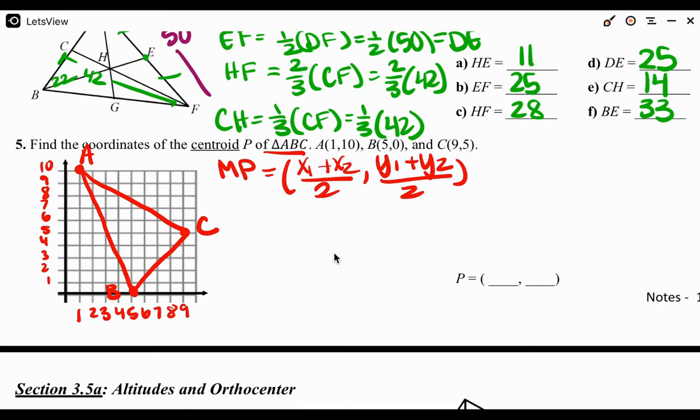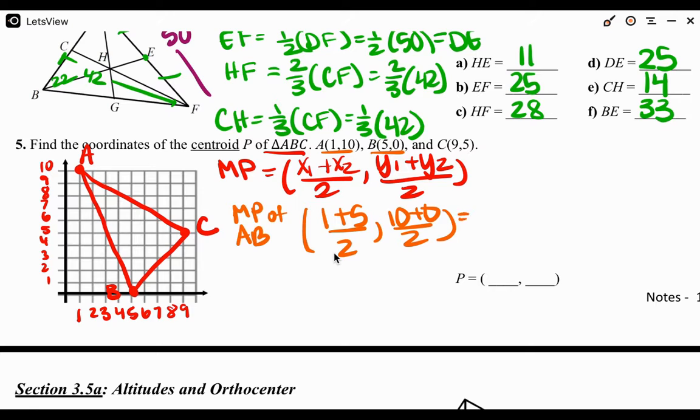So for the midpoint of AB is 1 plus 5 over 2 and 10 plus 0 over 2. So I'm just using their coordinates. So this is 6 over 2 and 10 over 2. And reduce, we have 3, 5. So that's a really nice one. So that's one midpoint.